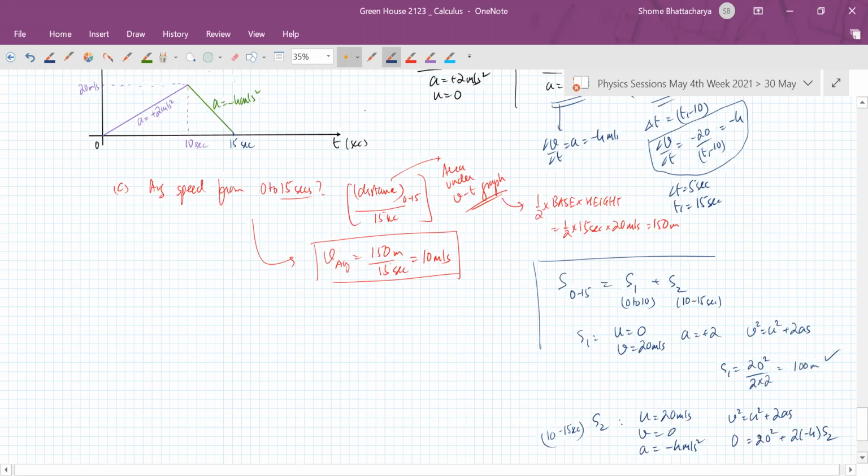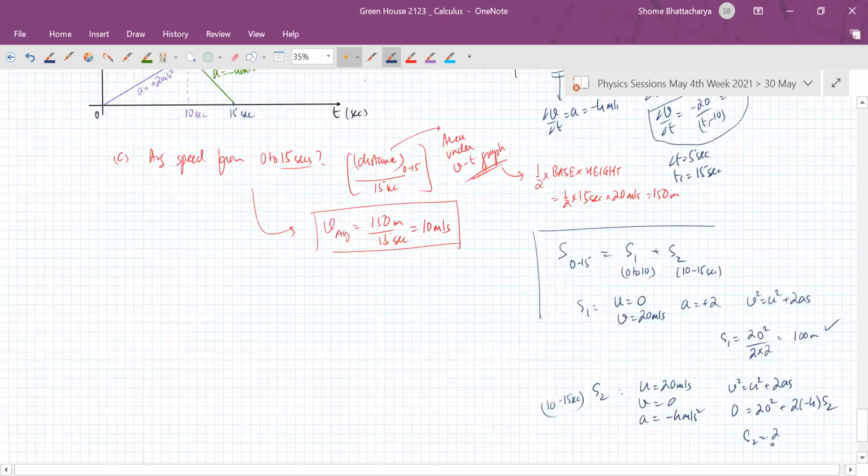So S2 is 20 square divided by 8, that is 50 meters. The total distance is S1 plus S2, 100 plus 50, so it's 150 meters. This is another method to calculate the total distance.